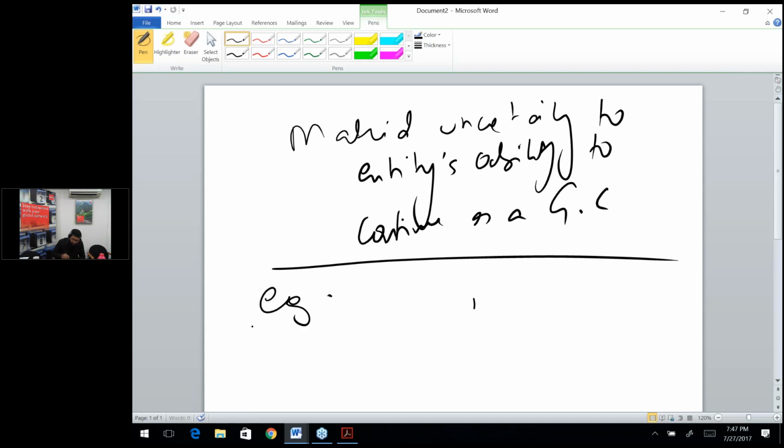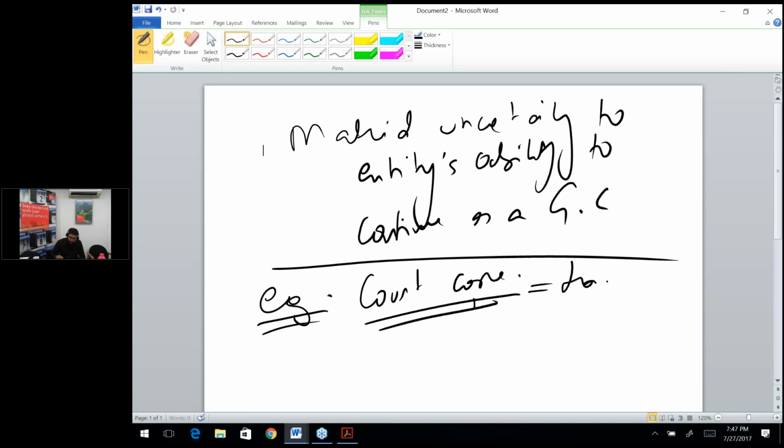The example is that there is a court case against the entity, and the court case gives rise to a contingent liability. The court case is of such significance that if the entity ends up on the losing side, then the amount of settlement it will have to make will be such a significant portion that the entity might not be a going concern anymore.